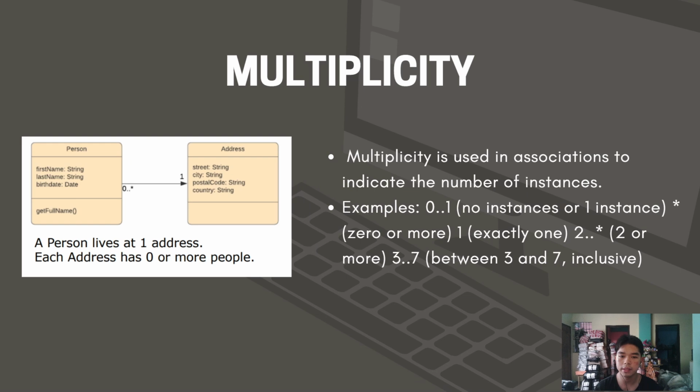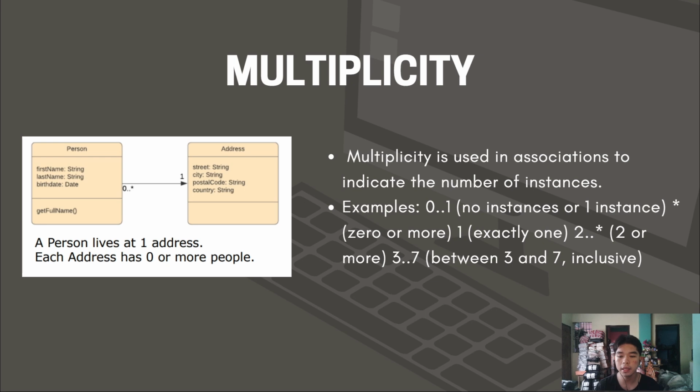We have here multiplicity. Multiplicity is used in associations to indicate the number of instances. Examples: 0..1 means no instances or one instance, 0..* means zero or more, 1 means exactly one, 2..* means two or more, and 3..7 means between 3 and 7 inclusive. In our example here, the same classes are interconnected, and a person lives at one address, and each address has zero or more people.